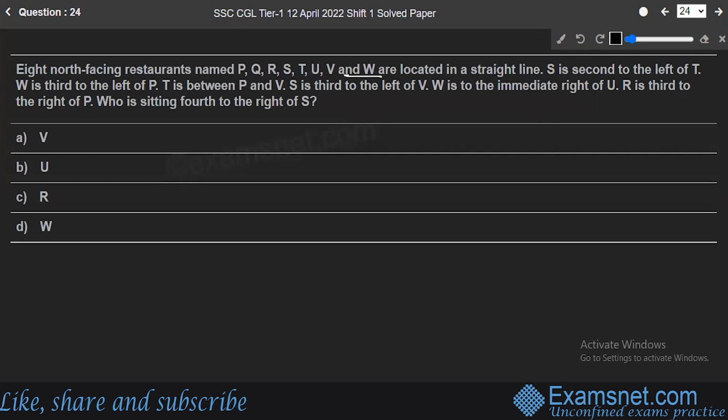So the very first thing given to you is S is second to the left of T, right? So here is T and S is second to the left of T. So there is something in between.